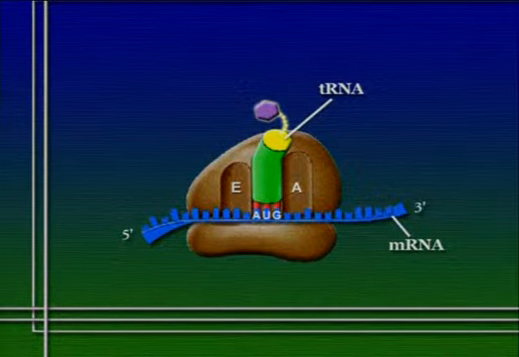Now, the messenger RNA, meanwhile, is spreading out along, and the next codon, the codon in the message that is adjacent to the start codon, will be overlaying the A site adjacent to the P site.